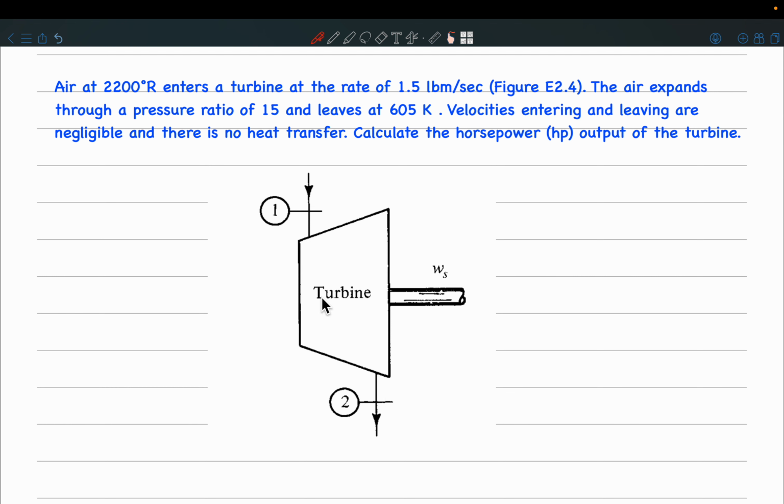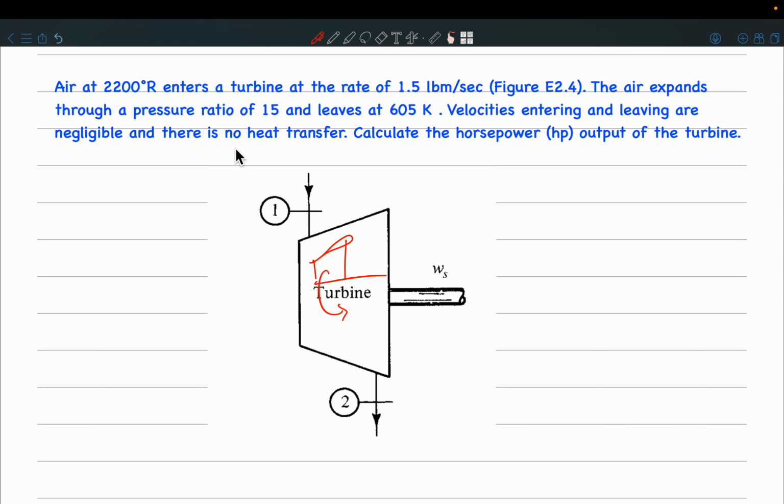Basically these turbines have some blades inside, and the flow is going to come, and these blades are attached to a shaft, right? So the flow is going to gush against these blades and turn the shaft and create work, right? So the flow energy is going to be transferred to work energy. That is what happens inside a turbine.